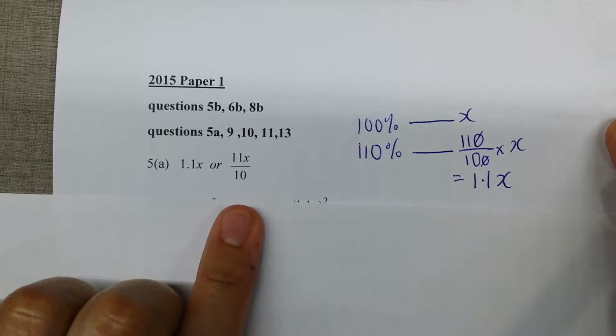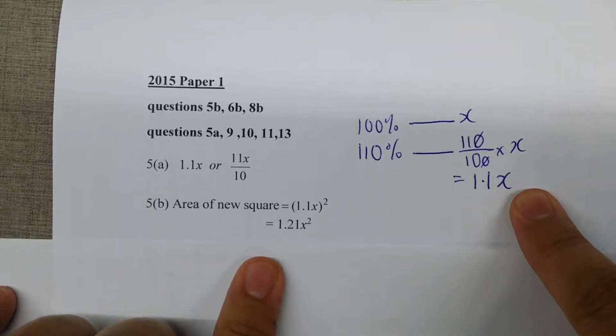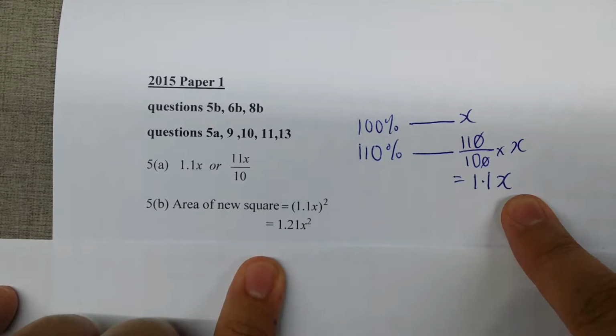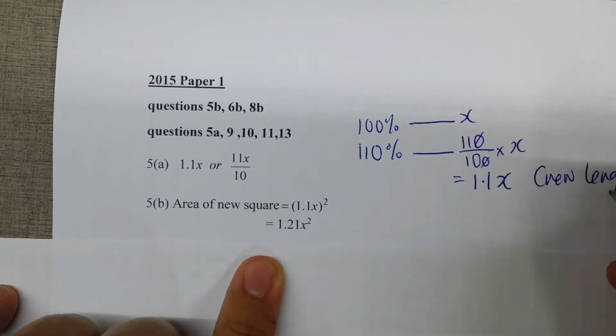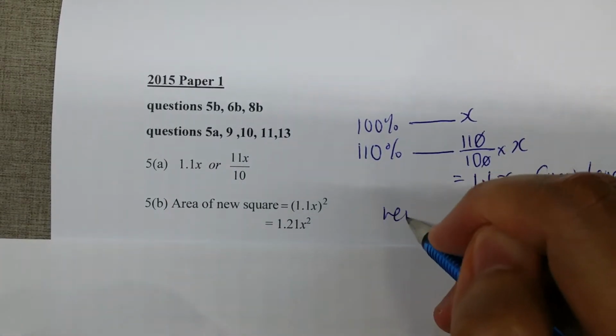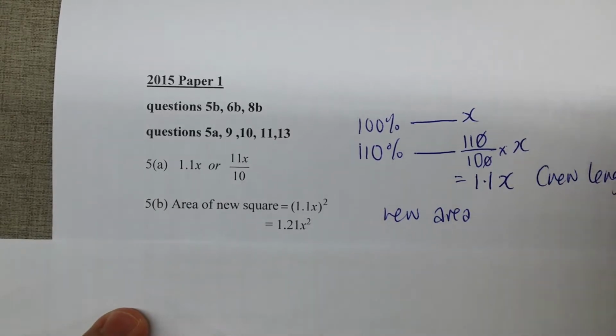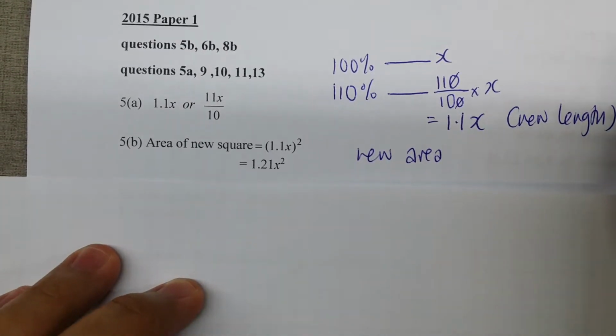Find the percentage increase in the area. If this is the new length, what is the new area? If you have the question paper with you, we are talking about a square.